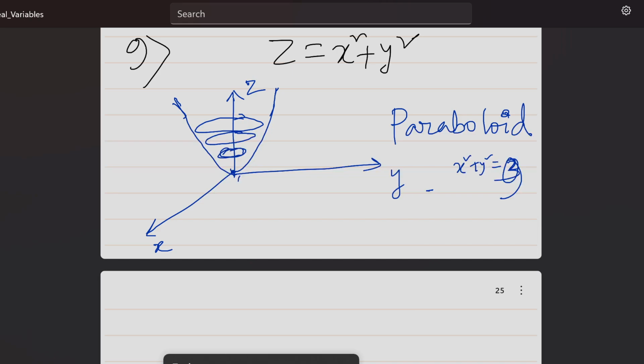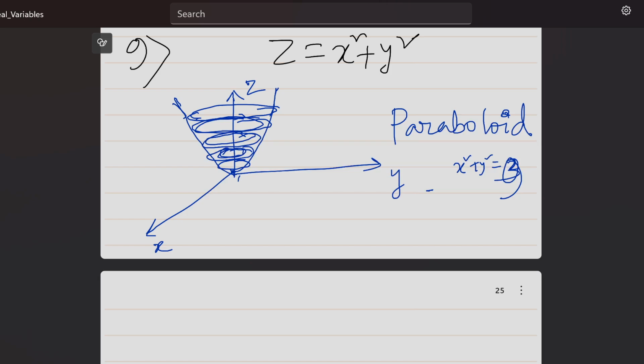Blue. Okay, so it is this type. This is called a paraboloid. Understand the graph? So this is a paraboloid. It means as z increases, the radius of the circle increases.